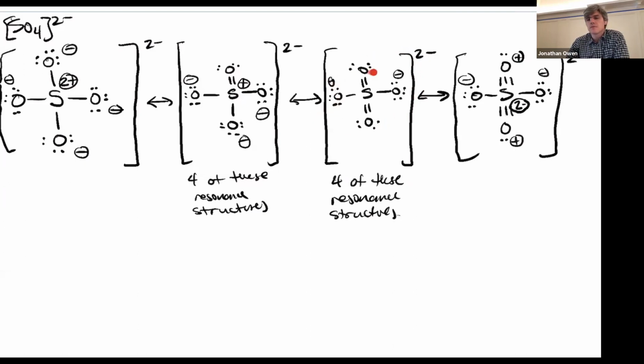There's a couple of ways to think about this. For the purposes of this class and in general, I don't want you to draw structures that violate the octet rule. We're going to come back to Mac's idea in just a minute, which is a good idea. But this structure here violates the octet rule. 1, 2, 3, 4, 5, 6 normal covalent bonds around sulfur. What does it mean to say that it violates the octet rule?